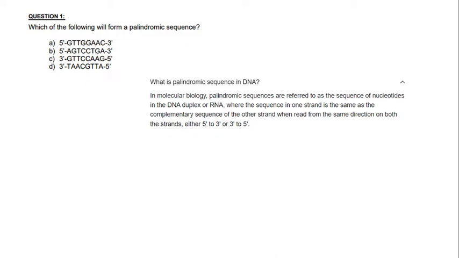So whether you read 3 prime to 5 prime or 5 prime to 3 prime, you will get the same sequence. Now you tell which one is the palindromic sequence. If the definition is clear to you, then you can easily tell which will be the palindromic sequence.